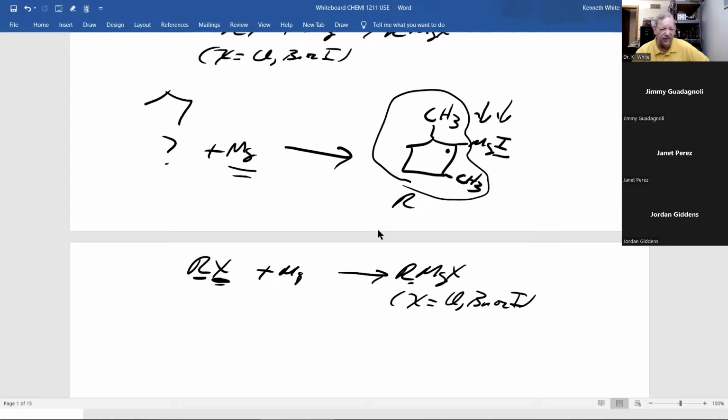I'm going to start with a ring. I have 2 methyl groups. I start with 2 methyl groups. The carbon with the Grignard is the carbon that will have the halogen. In this case, iodine. And I'm done. If you take that, react with magnesium, you will get this compound. And that's how you do it.